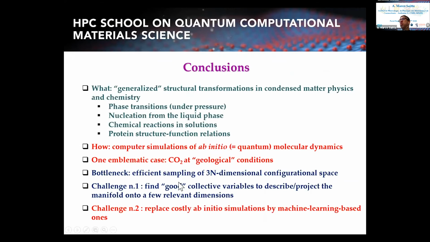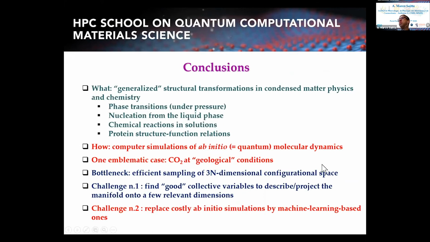So I'll just keep to conclusions, and these conclusions are supposed to be a little bit general. Many people in this field are interested in interesting phenomena. That is, in general, structural transformations are interesting phenomena in material science.